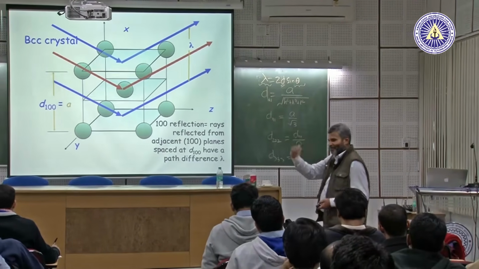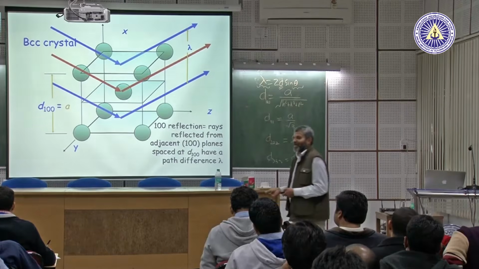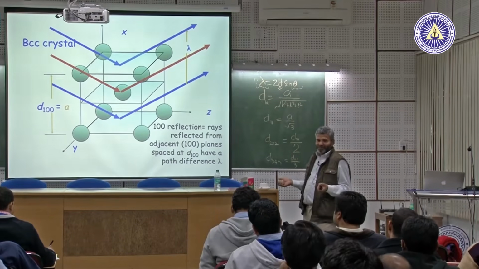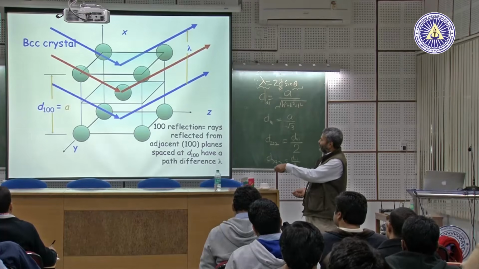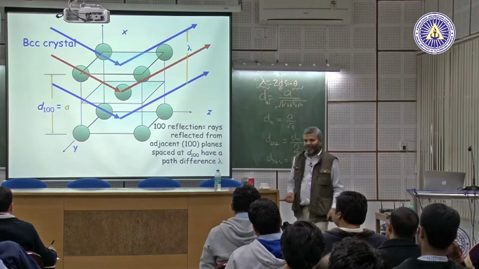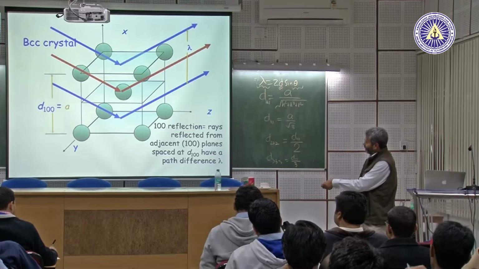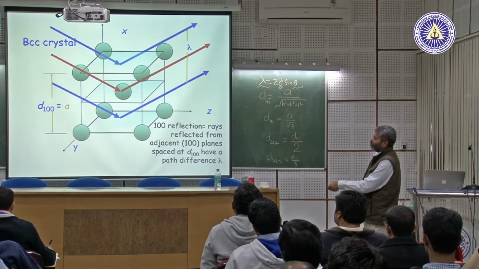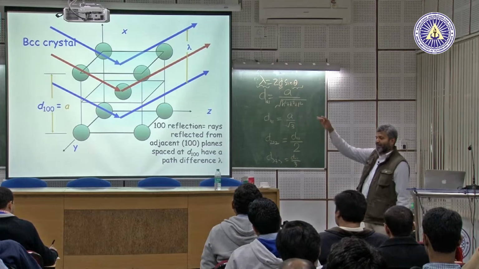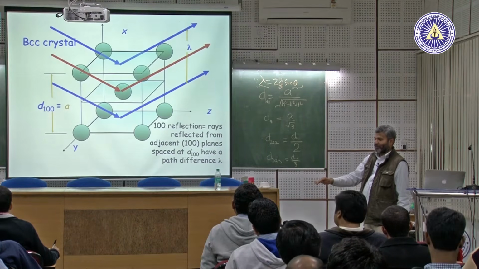When you actually make some table in some tutorial, then it becomes clear why, a student's question comes, why all this caboodle. But if you want to do things systematically, this is much more systematic, because now you have to worry only about the planes. So, you can make a list of planes 100, 200, 300.